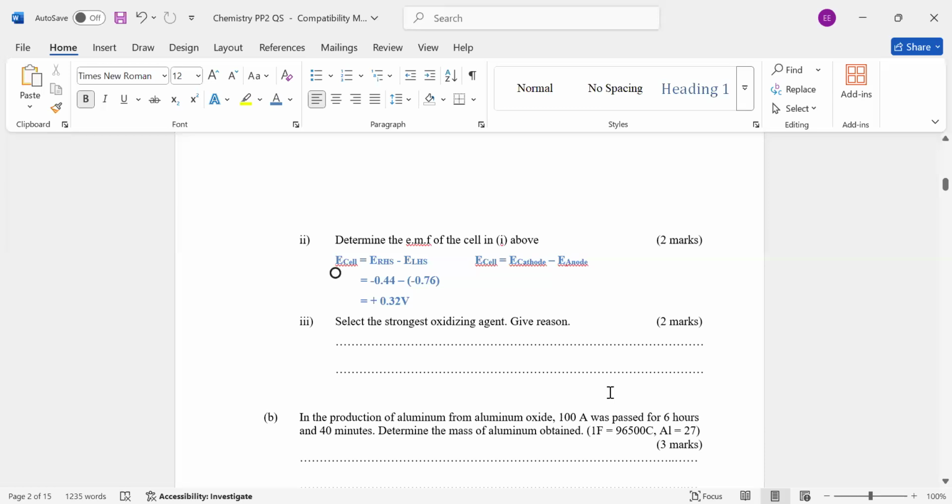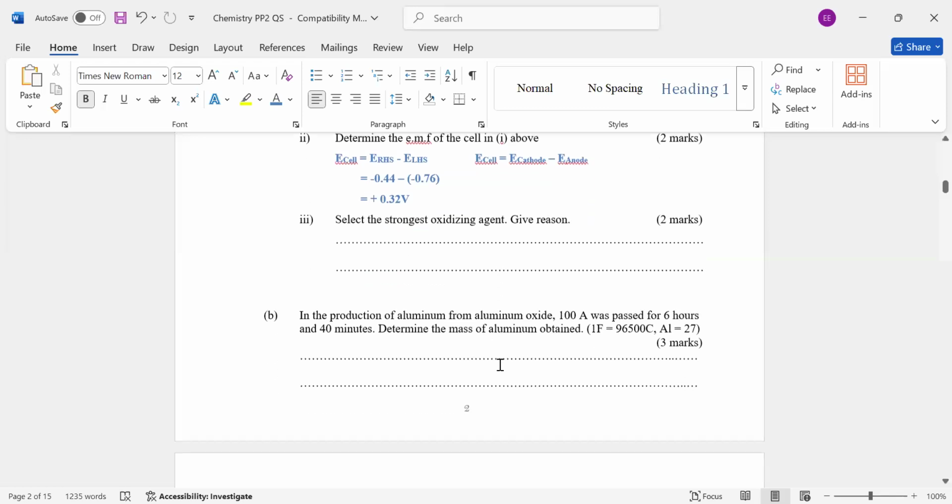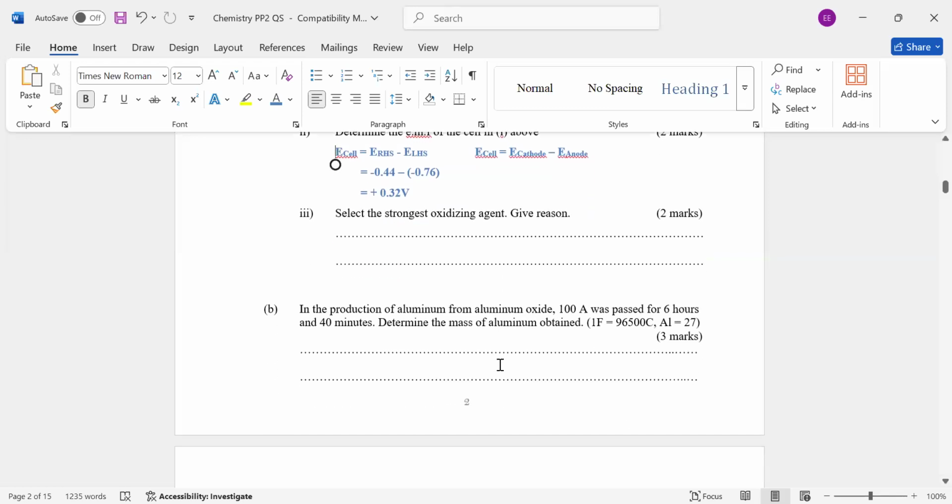Are we together with question 2 and 3? I believe question 3, we did answer that, when we were starting, that is Roman 3. Then we can now look at this question together. In the production of aluminium from aluminium oxide, 100 amperes, I believe that was current, was passed for 6 hours and 40 minutes.